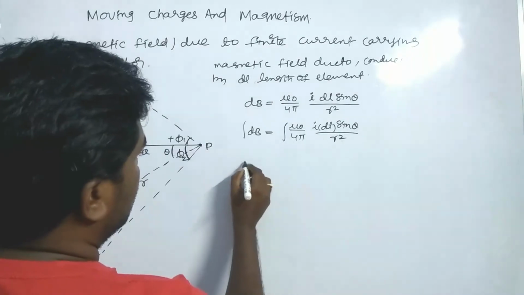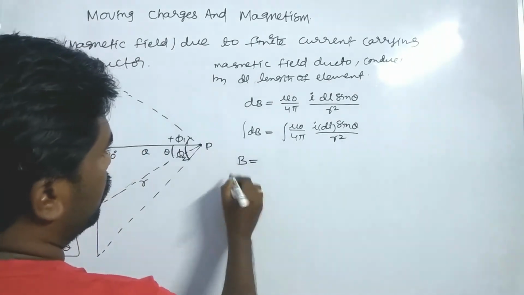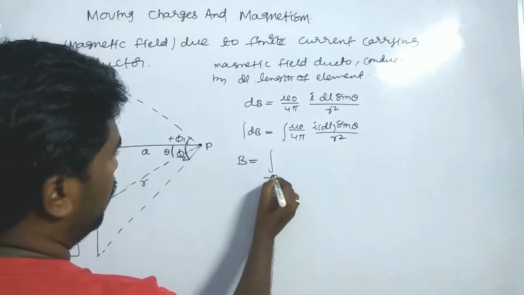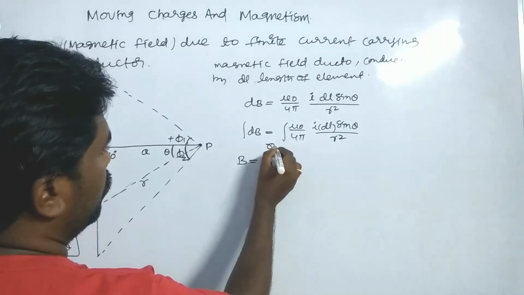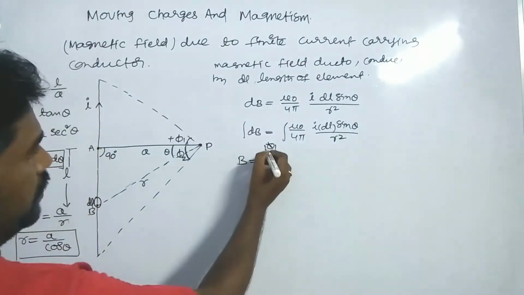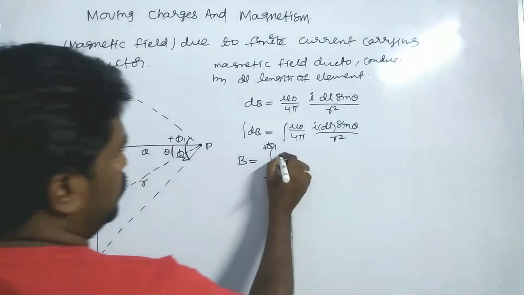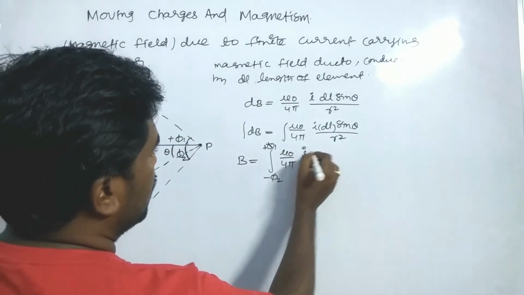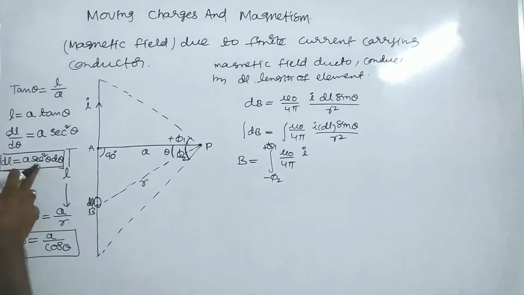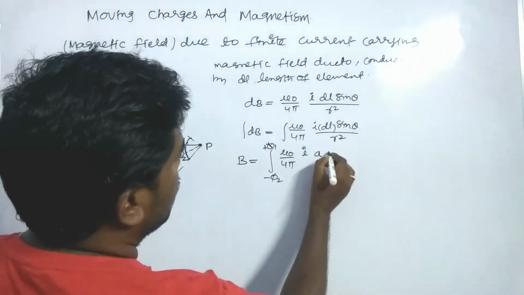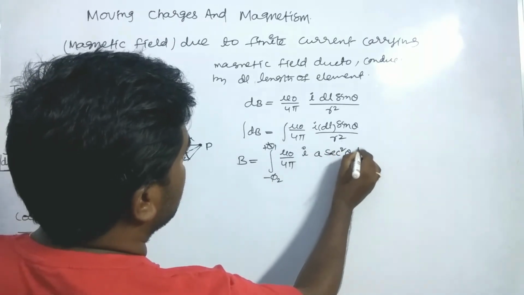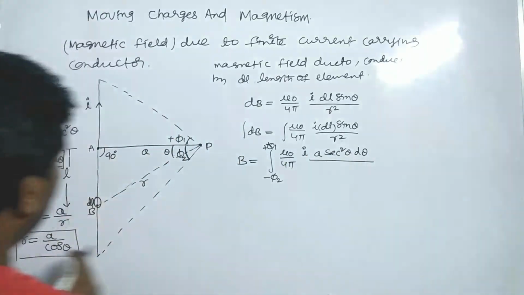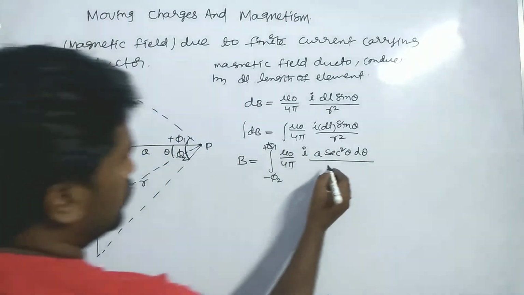So you can get the capital B value by integration, the integral from minus phi 2 to plus phi 1, of mu naught by 4 pi I into dl, which is nothing but A secant square theta d theta, by r square, where r square is equal to A square by cos square theta.